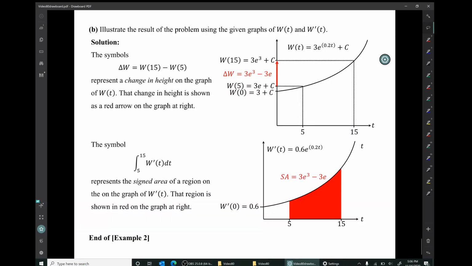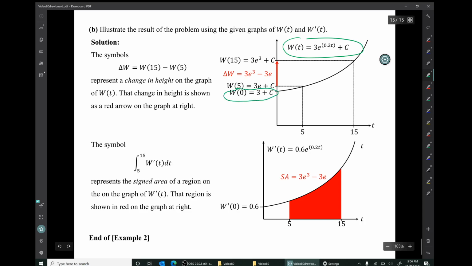Question B is to illustrate the result of the problem using the given graphs of W of t and W prime of t. Well, first of all, let's represent the change in weight on the graph of W of t. Now again, this is a function form. We don't actually know the value of that capital C. And I made a mistake. When I said that the value of capital C was the initial weight, I should have said it's related to the initial weight.